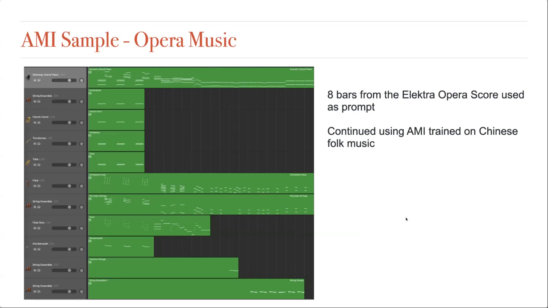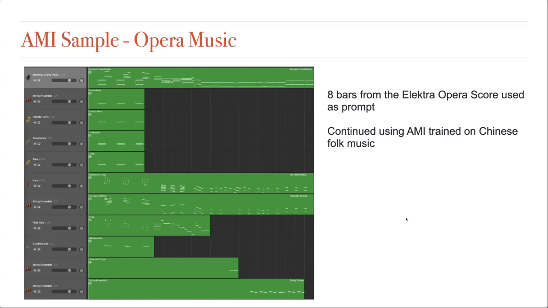So this one is where we fed 8 bars from the electro opera scores as a prompt. I used Amy fine-tuned on Chinese folk music. So the first 15 seconds or so are from the original electro opera.